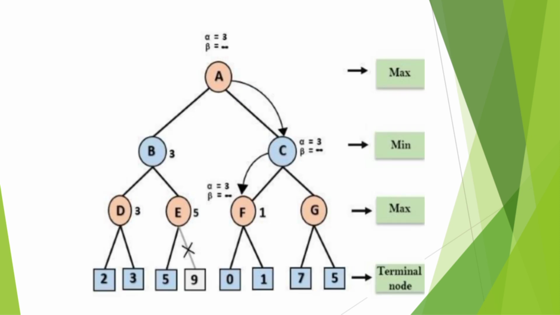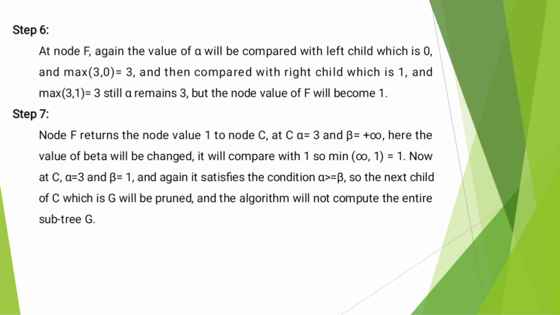This is the structure, the next level, the F level. Then at node F, the value of alpha will be compared with the left child, which is 0, and the maximum of 3 comma 0 is equal to 3. Then compared with the right child, which is 1, the maximum of 3 comma 1 is equal to 3.